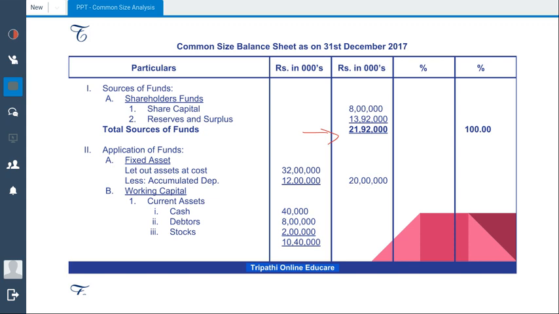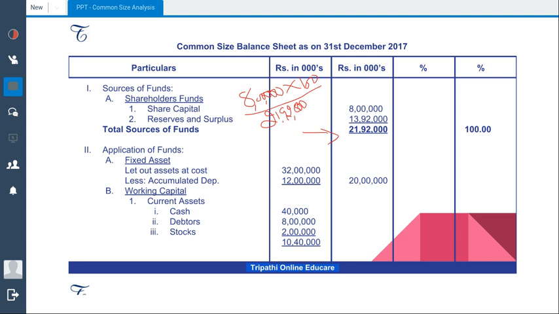If I want to know the percentage of share capital, we will calculate in this way: 8 lakhs into 100 divided by your base. The base is 21,92,000. Once you calculate this, you will get the percentage.